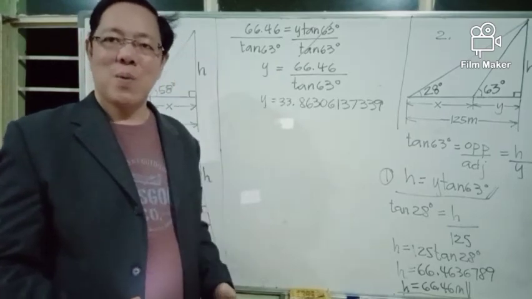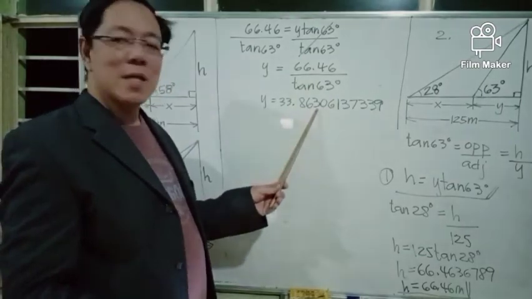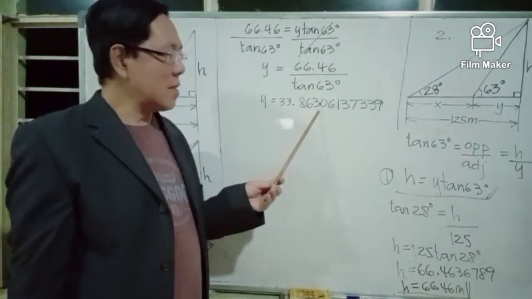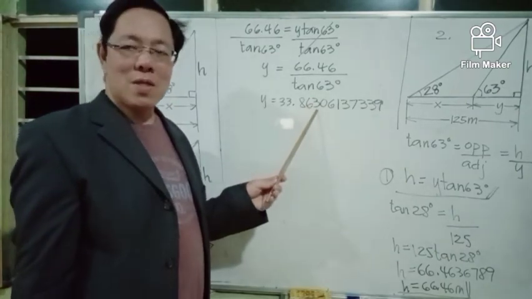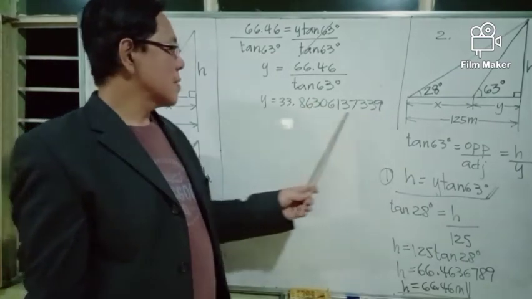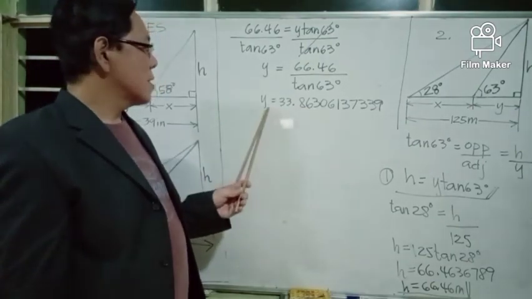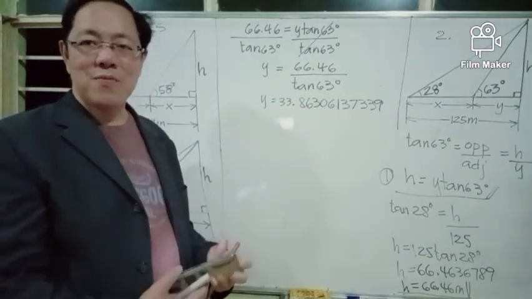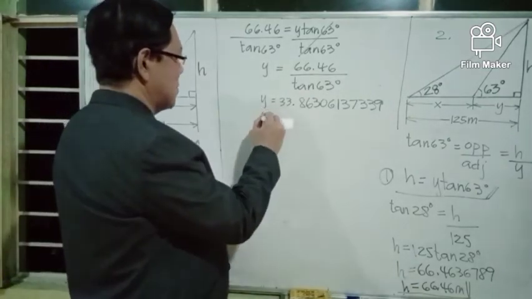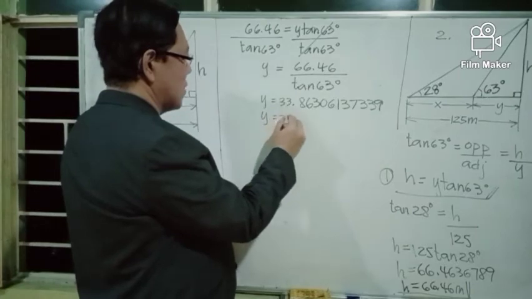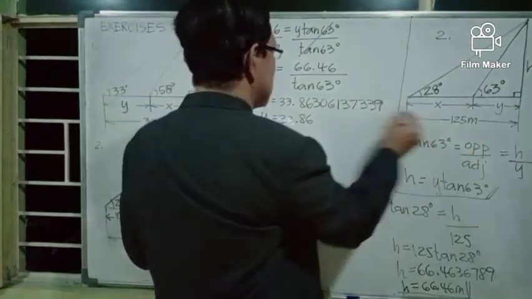After the decimal point, you count 1, 2, 3. The number to be dropped is 3, but it is less than 5. So we simply drop 3 and all the digits to its right, and we do not add 1 to the preceding digit 6. Thus, our final value for y is 33.86. Our unit is meters.